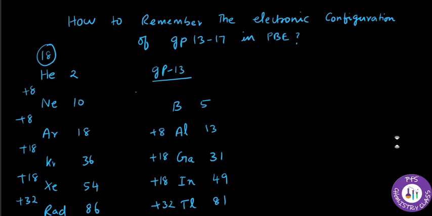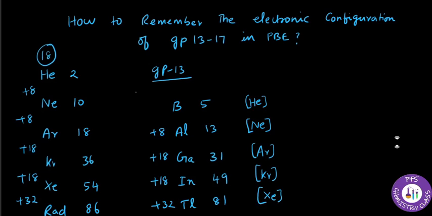What you need to remember is, for boron, you have to write the group 18 element here, that is helium, He, Ne, Ar, Kr, Xe. For writing the electronic configuration, you write the noble gas element like this. I have not included the 7th period element here.